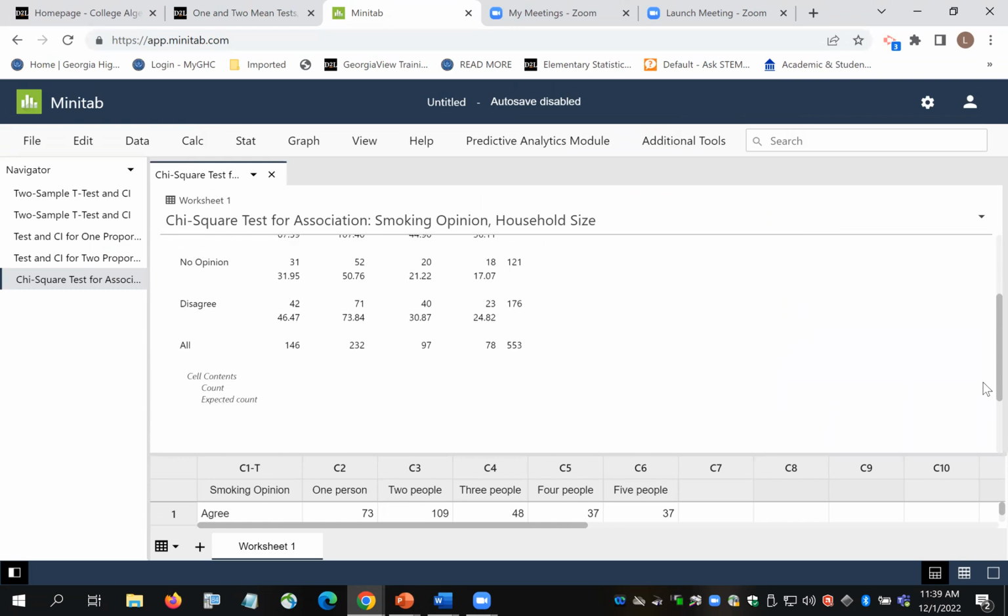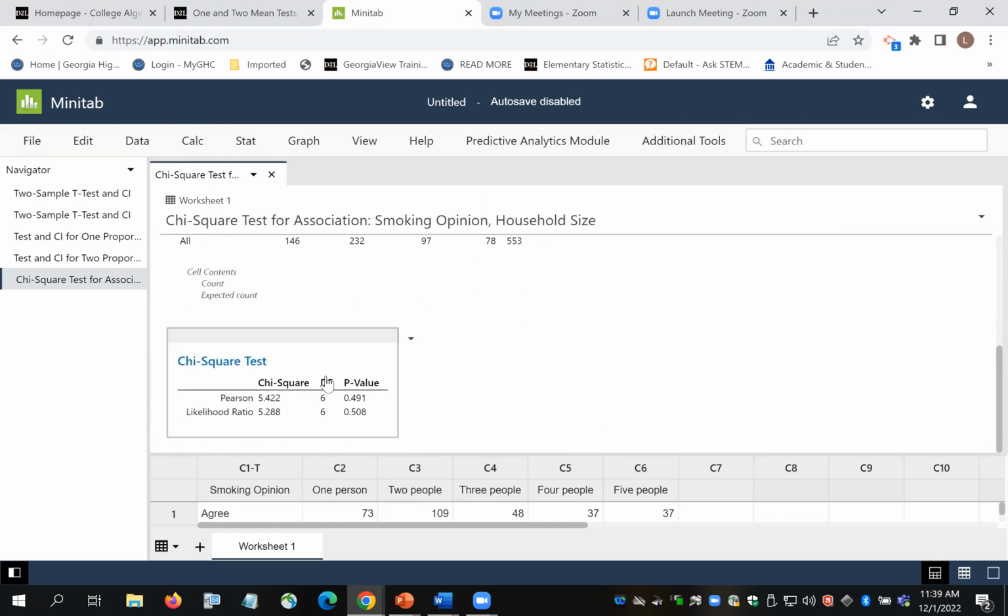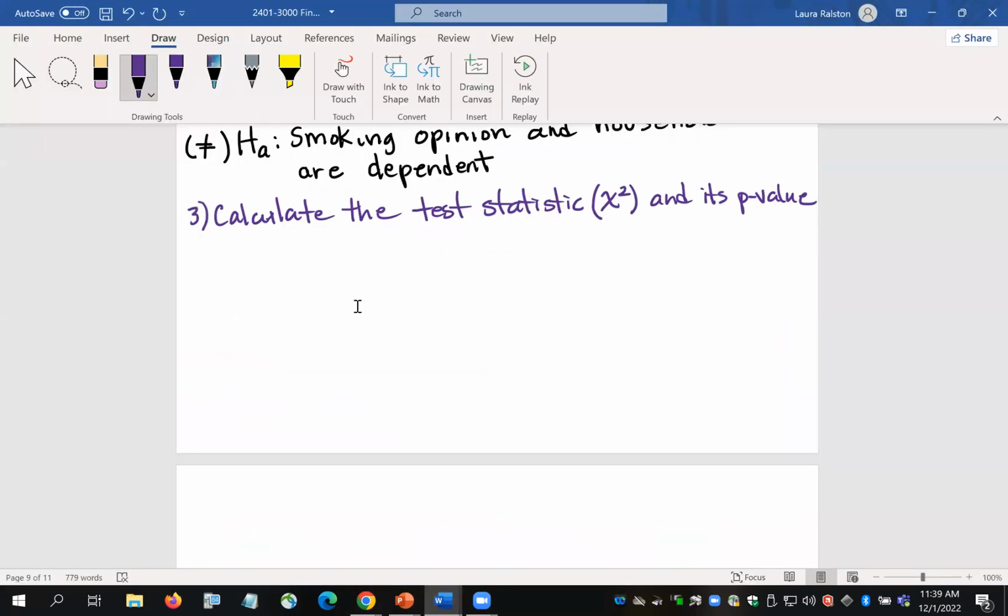And again, remember, we get lots and lots of information. But what we're looking for is our chi-square test. And again, remember that we are using the Pearson, which would be our top row.